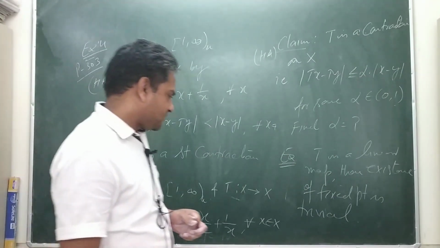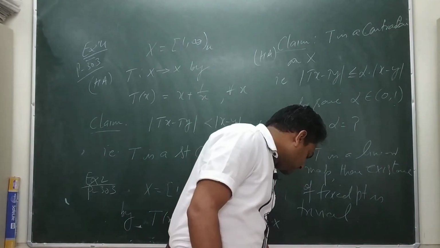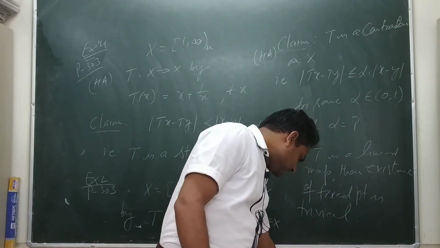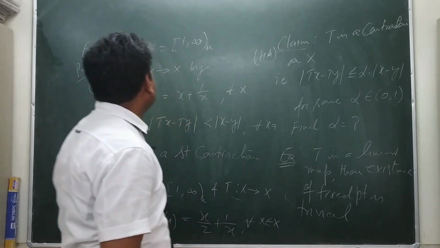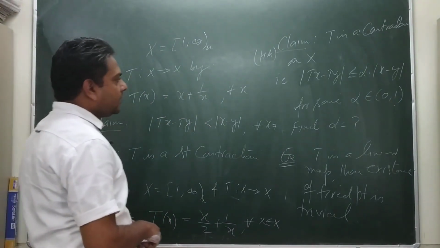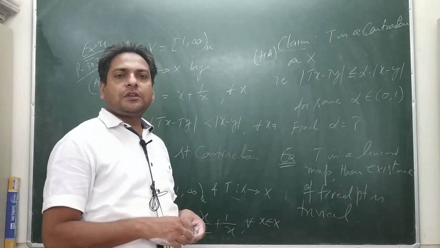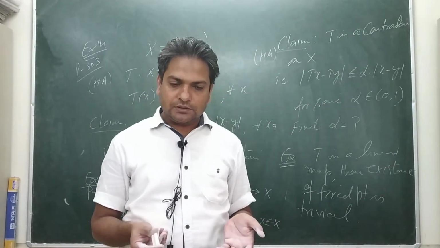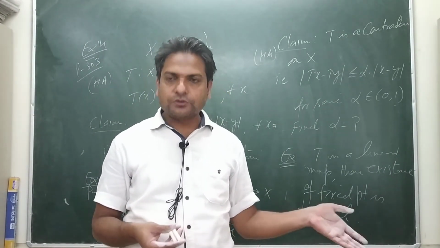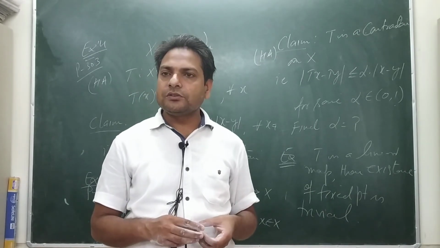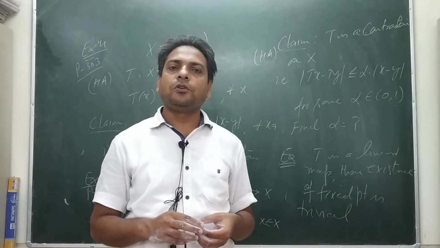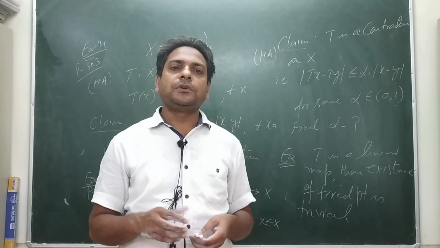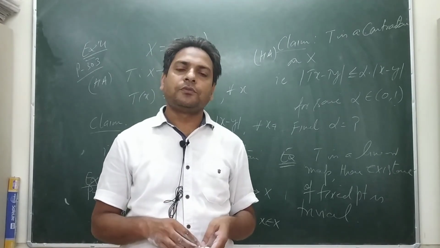Another thing, maybe some more examples. In the previous examples, I considered some mappings like Tx equals x squared, a quadratic, or you can say a polynomial, like we can consider simply x squared minus x equals 0, a polynomial of degree 2.